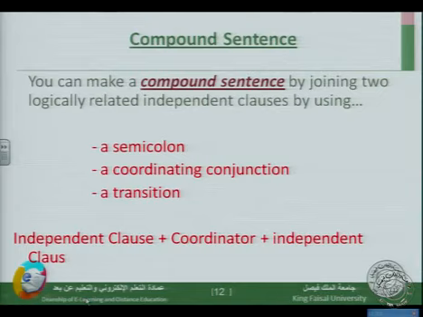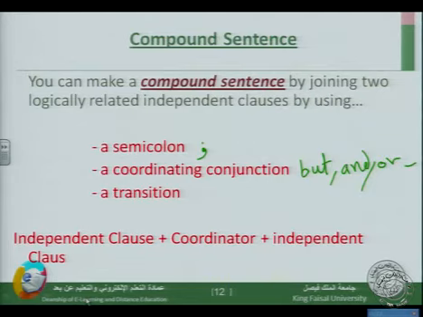Compound sentences, you can make a compound sentence by joining two logically related independent clauses by using a semicolon, or a coordinating conjunction like but, and, or, and others, but these are the basics, or a transition word.